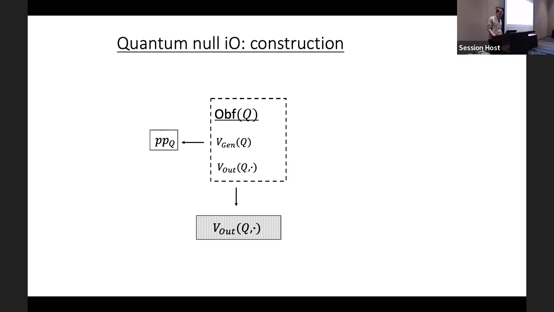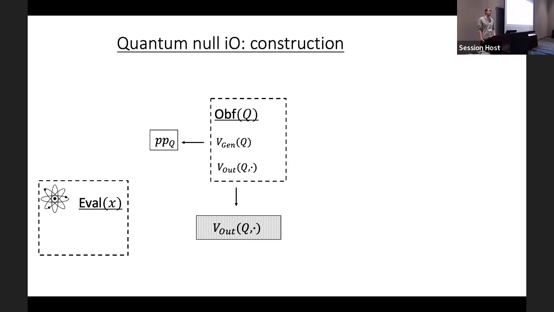Okay, and so how do we evaluate this scheme? Let's say I'm a quantum evaluator. I want to evaluate this program on some input X. I can just run the prover's algorithm to compute on X blindly, along with a proof that I did it correctly.